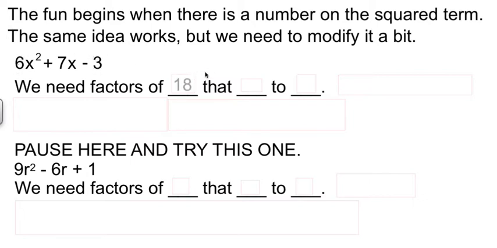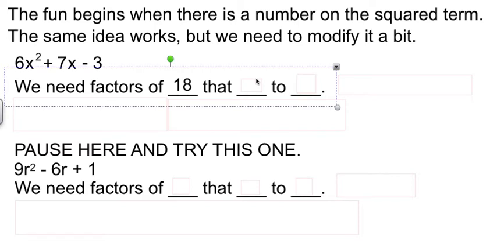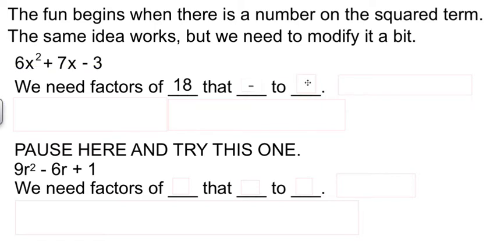So we need factors of 18 that subtract to make 7. Well, our factors of 18, there's only a few choices, 1 and 18, or 2 and 9, or 3 and 6. 2 and 9 subtract to make 7.